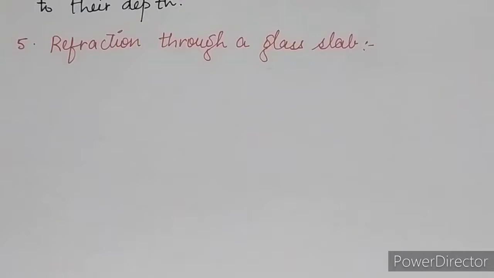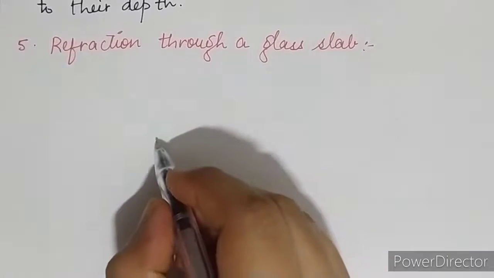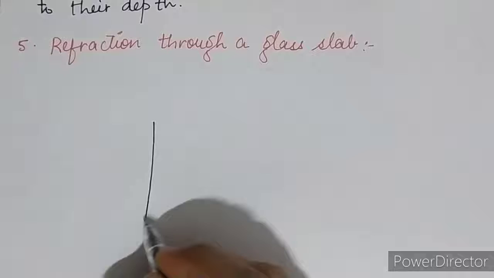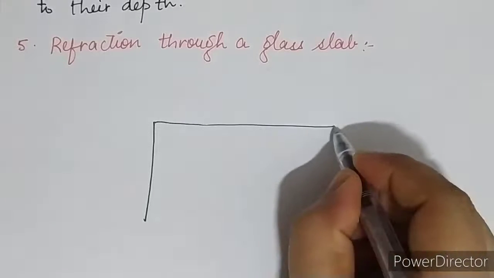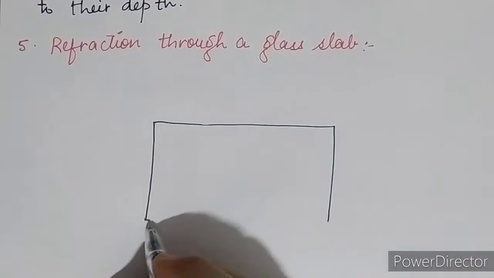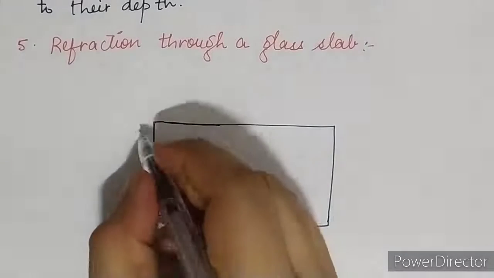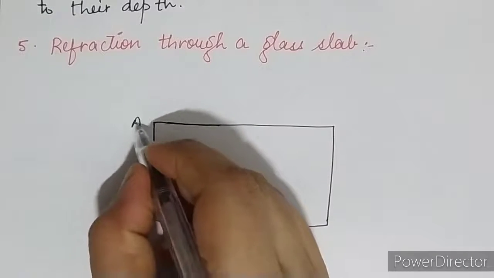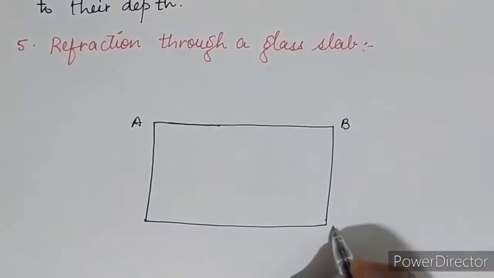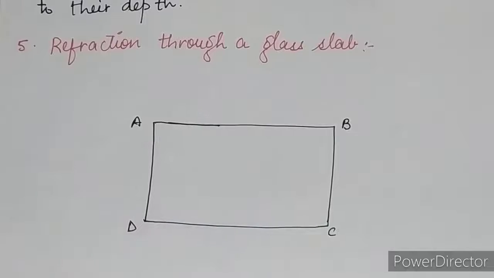For refraction through a glass slab, first of all we have to take a glass slab. Here we are taking a rectangular glass slab, labelled A, B, C, D. Here we have two media.